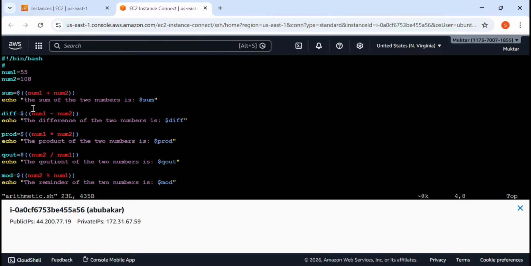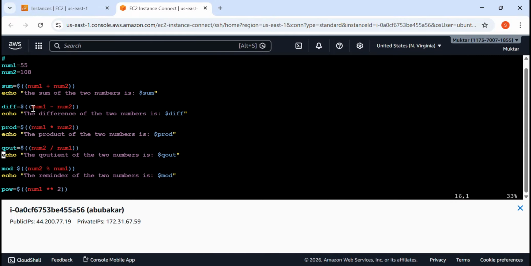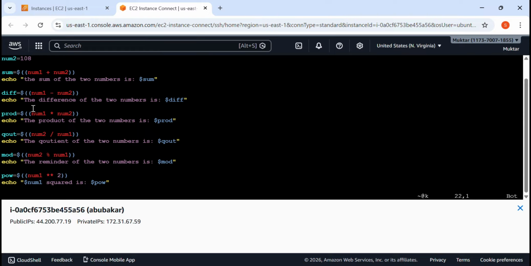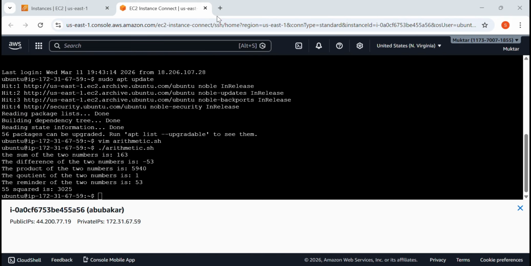This is for multiplication. And this is for division, modulo and exponentiation. Now let us check what it is going to give us. Is the command going to work? As you can see right now, all 6 operators are working perfectly fine.